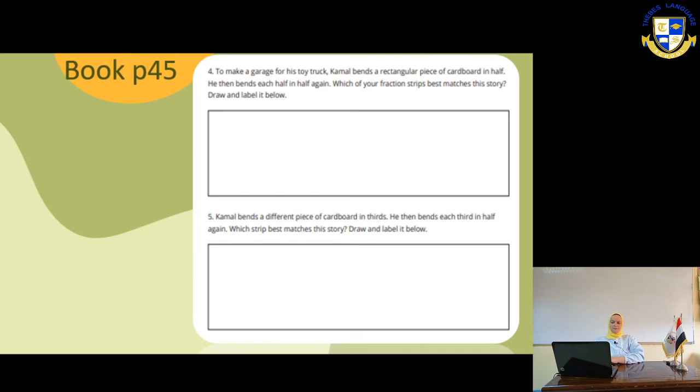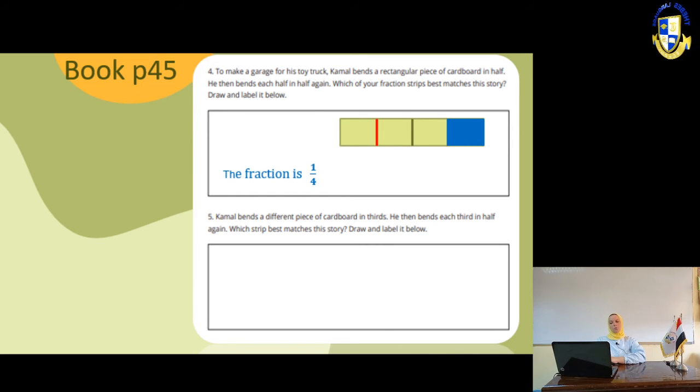Draw and label it. We are going to draw a fraction strip and cut it into half. Then we are going to cut each half into another half. So we will have 4 equal parts. Okay, so each fraction will be 1/4. Okay, number 5, Kamal bends different pieces of cardboard in thirds.